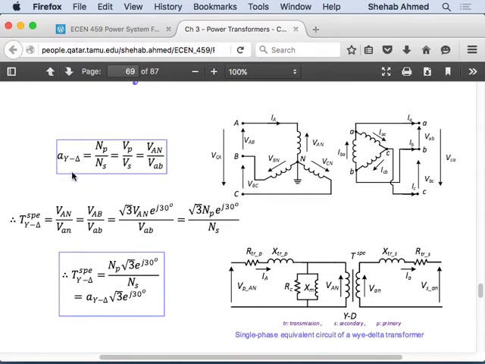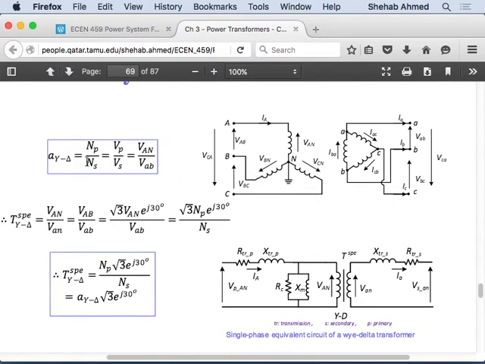So for a star delta transformer, the ratio of the turns is equal to the ratio of the phase voltage on the primary, and remember, this winding is in parallel with which winding?